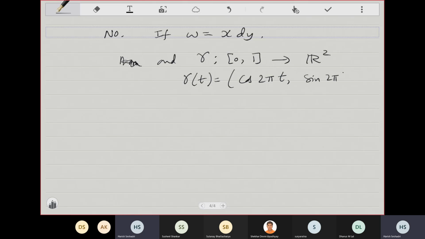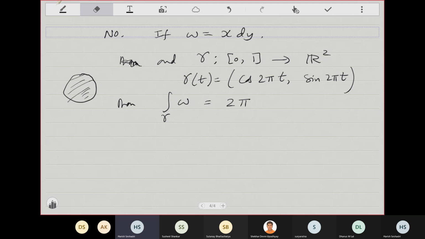I think I'd taken the interval to be 0 to 2 pi, but here now I have taken it to be 0 to 1, so I put a 2 pi in front of t. This calculation showed us that this actually gave us the area enclosed by this. I think there might be a sign, but up to sign, this was the thing.